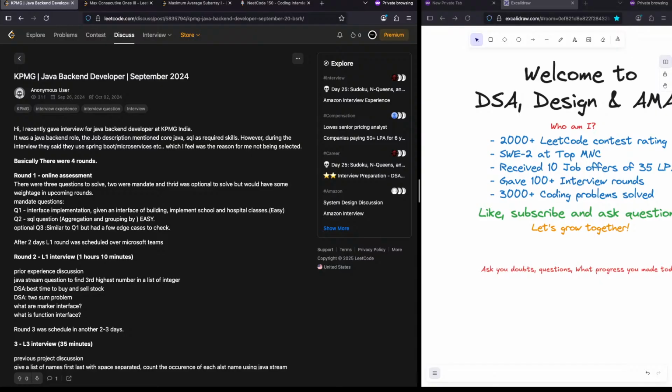How to get shortlisted for a company? One way to get shortlisted from tier three that I have seen personally is to have a very good LeetCode rating. Let's say you are from a tier three college.